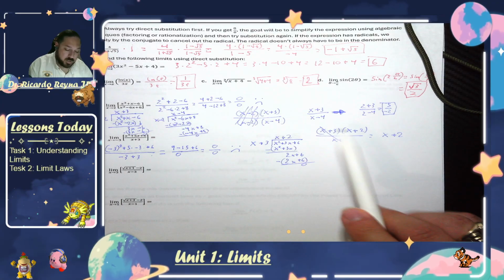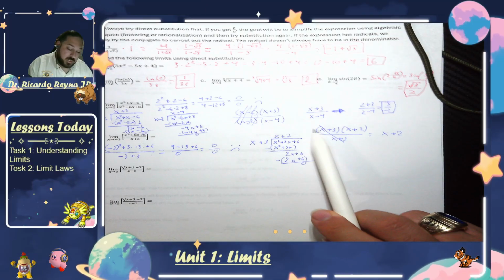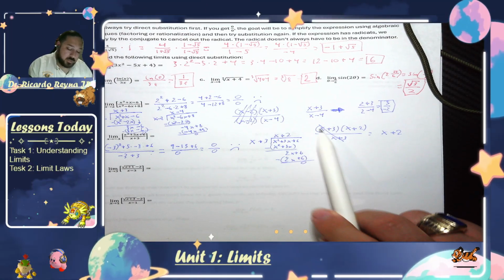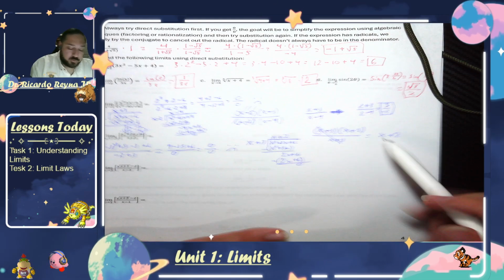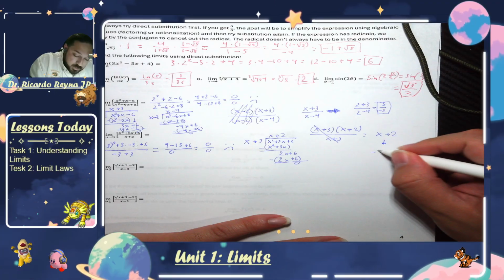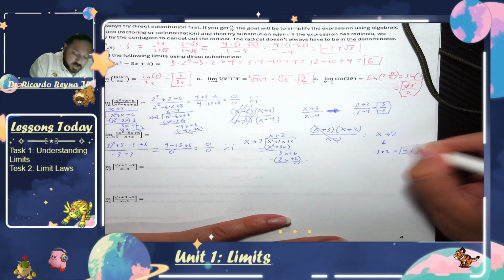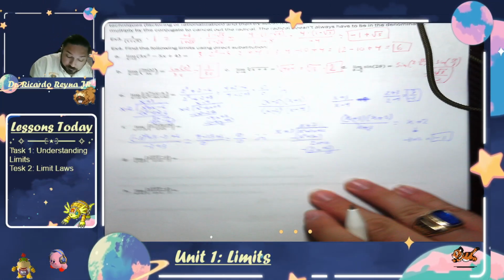So x plus 3 times x plus 2 gives us that polynomial. Rewriting the top, we can cross out x plus 3, and we're left with x plus 2. Now plugging in negative 3, we get negative 3 plus 2, which is negative 1, and that's our limit.